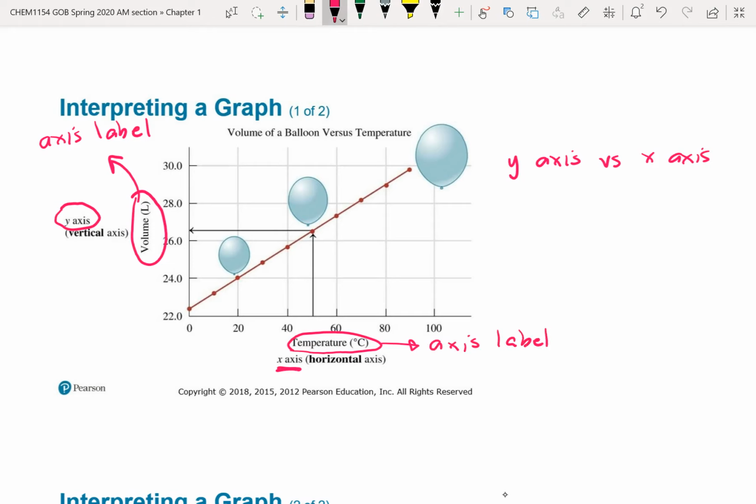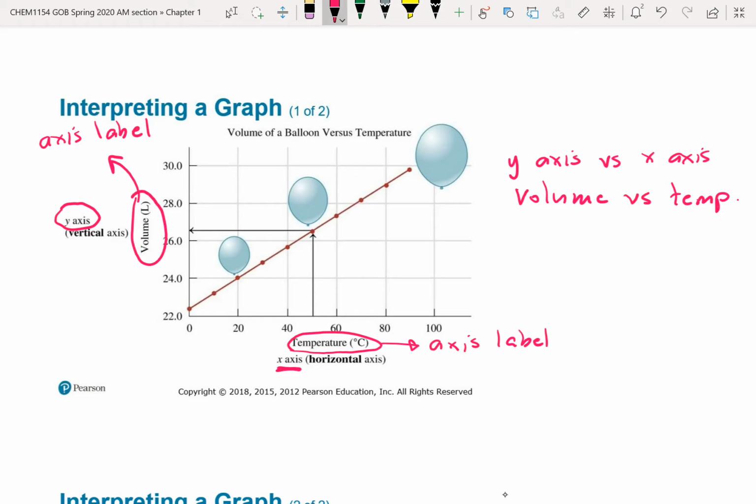So this particular graph then, in addition to it being generally y versus x-axis, specifically for this case, it's volume versus temperature. I'm going to abbreviate temperature as temp. Right? So when we refer to graphs, it's y versus the x-axis. In this case, volume versus temperature for whatever. This looks like a balloon.